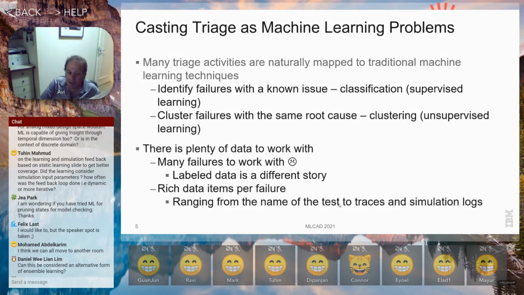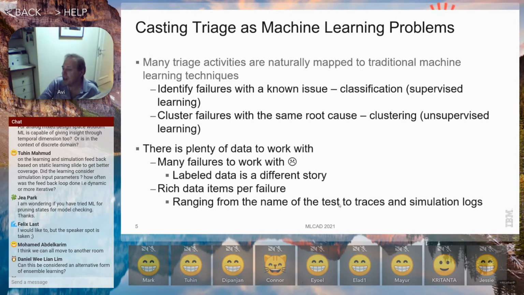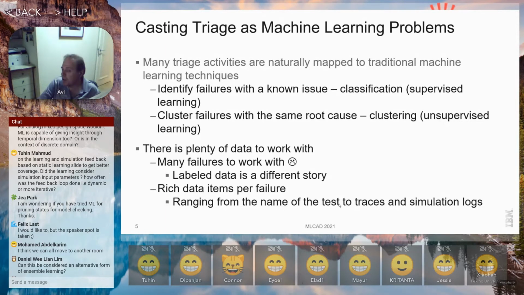One other thing I can add is that triage is also a very important problem. Shobha talked about how verification is nowadays highly automated. We can generate a lot of tests, and we have a lot of tools that help us. Debug and triage are one of the main manual bottlenecks that require a lot of man-hours, a lot of human interaction, and a lot of expertise to do in the right way.